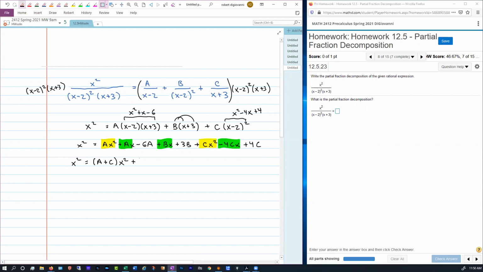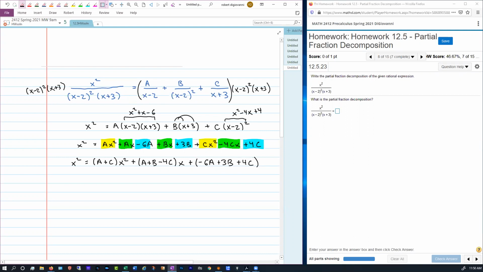So I'm going to put plus, now in parentheses, a plus b minus 4c, that's in front of x. Okay, now let's get my things that don't have x. So that's all those. So I'm going to have plus, let's see, -6a. I actually don't need this in parentheses, but I put it in parentheses, 3b and plus 4c.